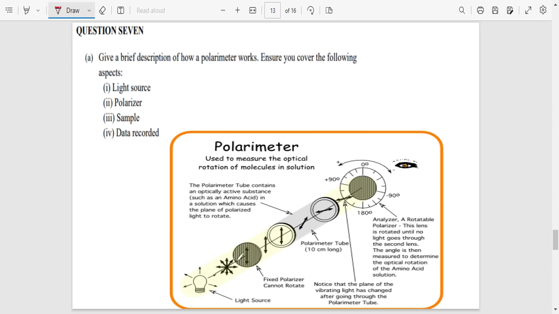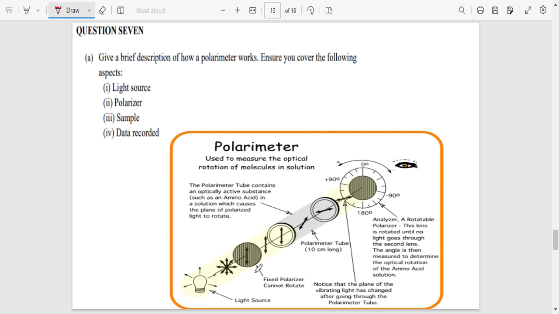The first plate it is going to pass through is the polarizer, and that one is there to polarize the light, meaning that when light passes through this point, light that doesn't polarize in the same way as the other light is going to be blocked. So only the light that is able to polarize and pass through this tube is going to pass. Anything else will not be able to pass through the polarizer.